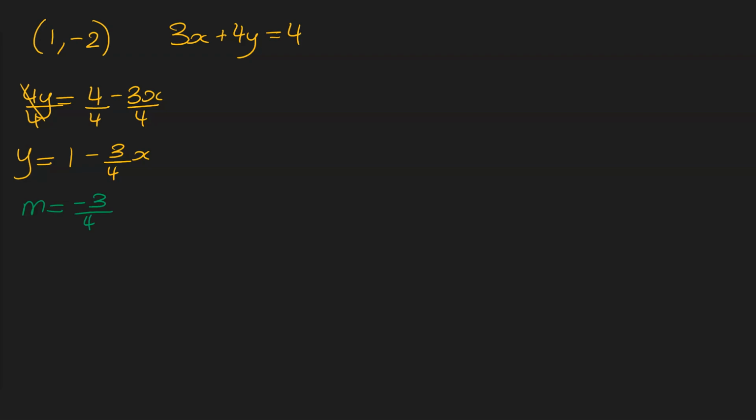Now we need to find the equation. We'll use the general straight line equation formula, y minus y1 equals m bracket x minus x1. The reason I'll use this is that I've got a coordinate point I know it will go through, and I have a gradient, which just makes it easier.